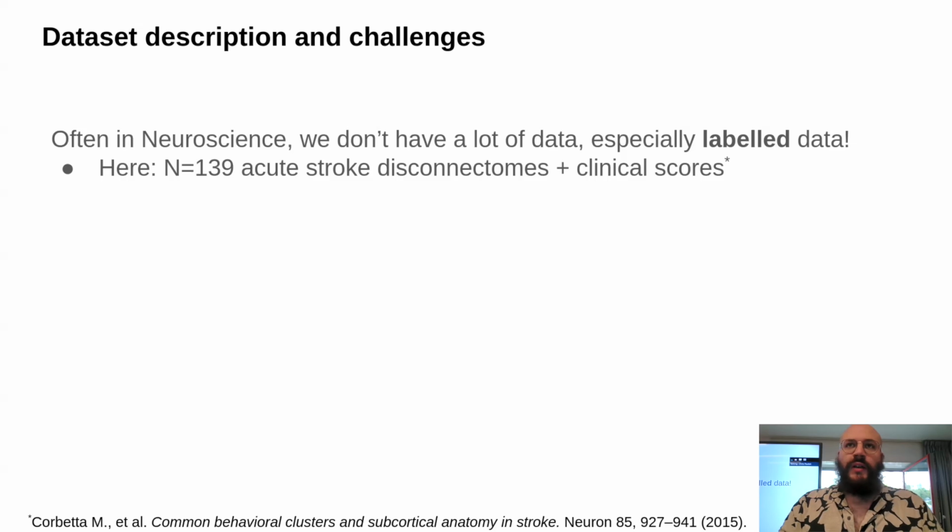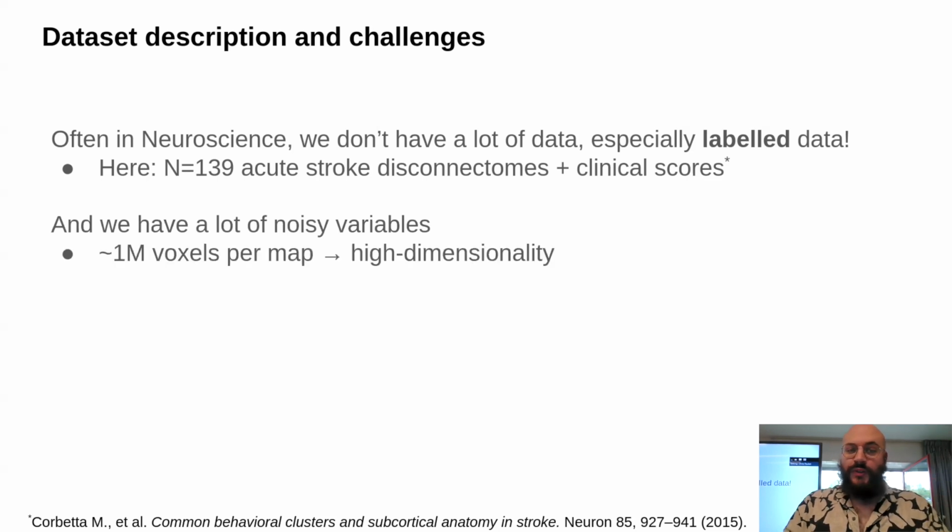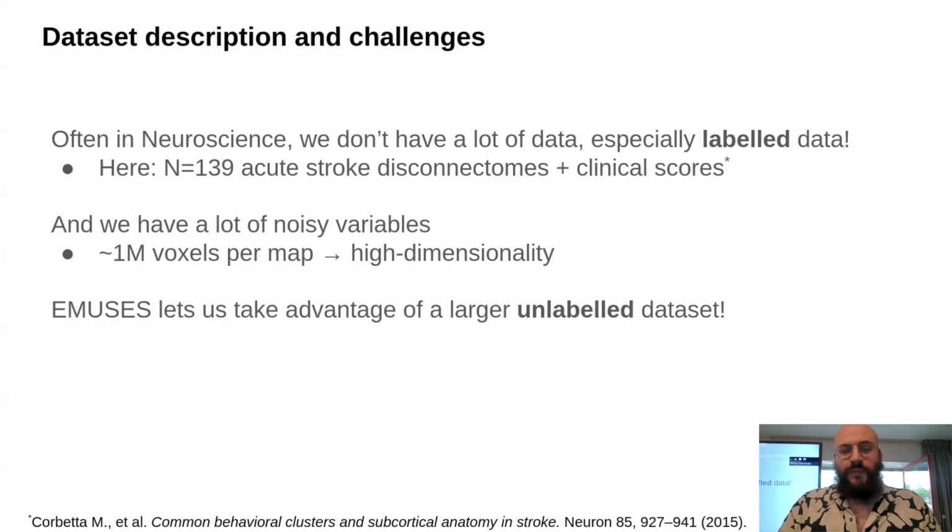So if you're just training a machine learning model on that, that might be difficult to find good results. And also, we have a lot of noisy variables. The maps are 1 million voxels, so our input dimensions are 1 million. It makes it pretty difficult when we use classic machine learning.